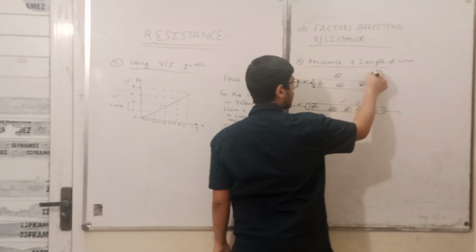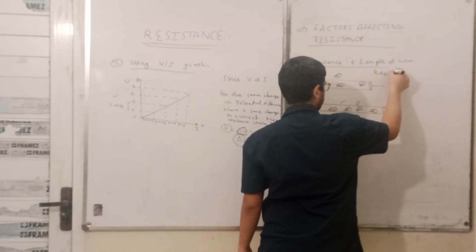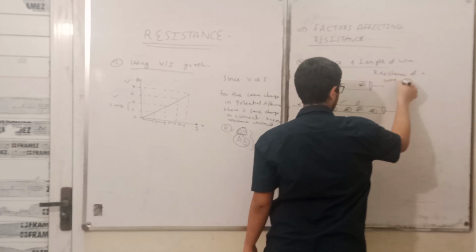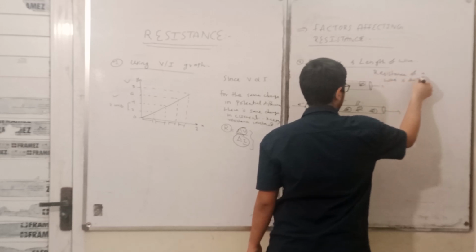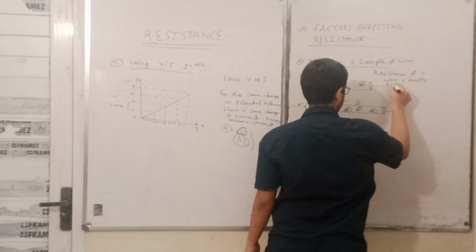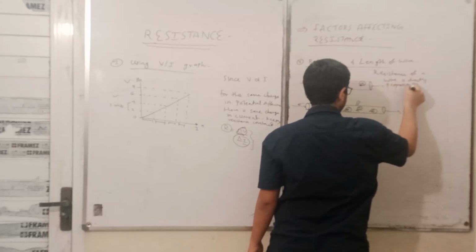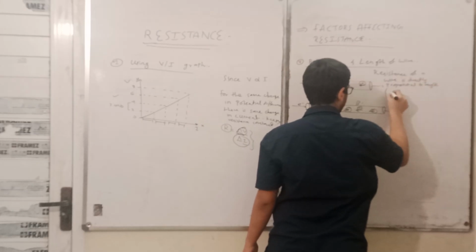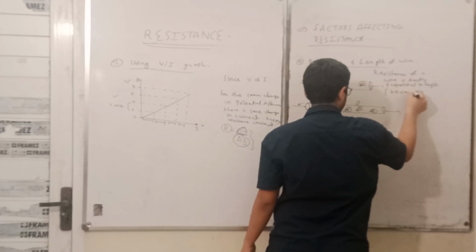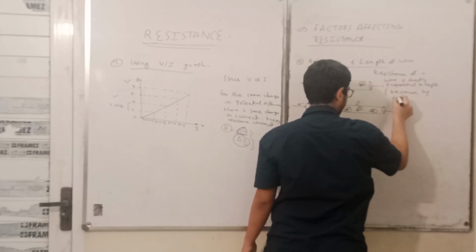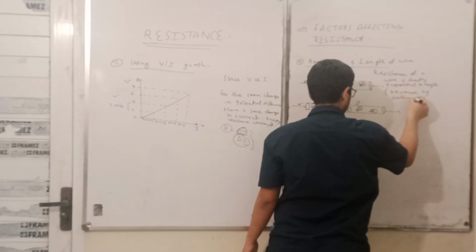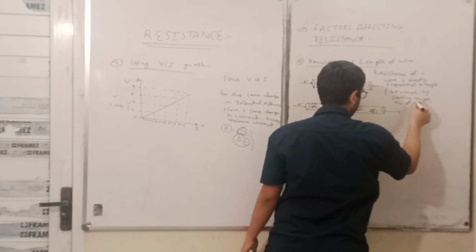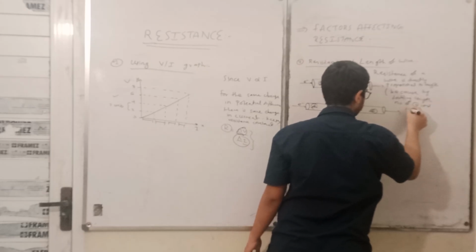Therefore, resistance of a wire is directly proportional to length, because by doubling the length, number of metal positive ions increases.